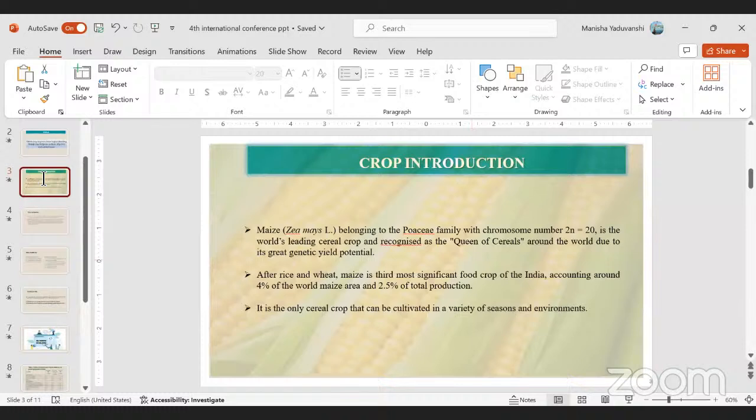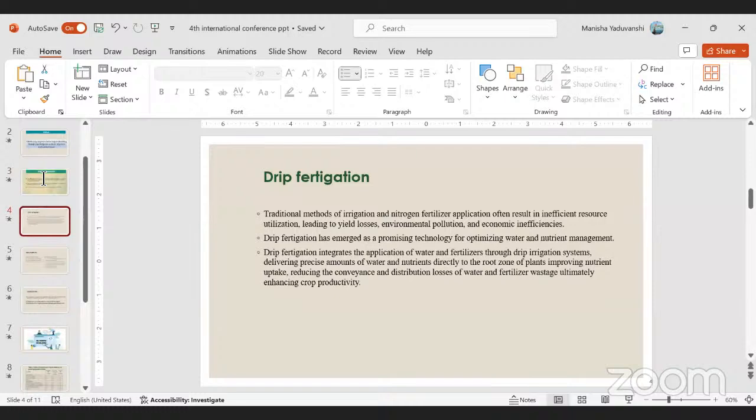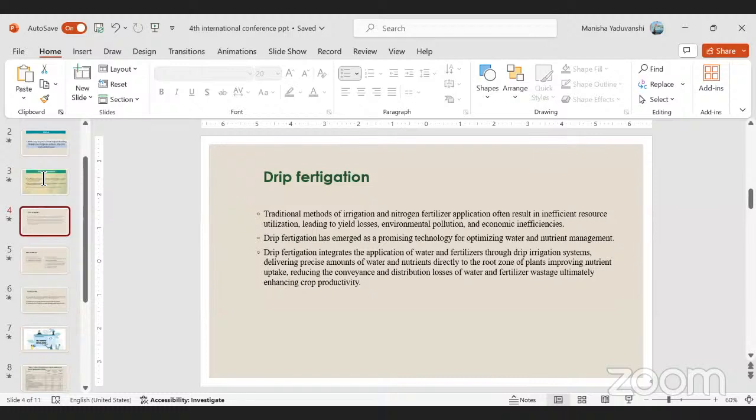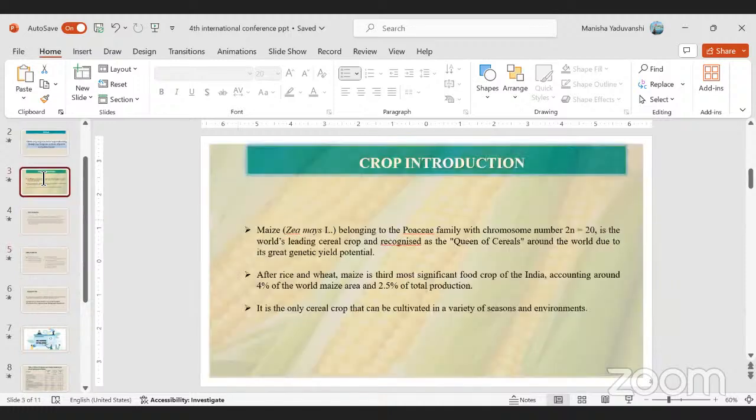In fertigation treatments, maximum plant height, 196.7 centimeter, was found in F4, 25% RDN applied as basal along with 75% RDN through fertigation.